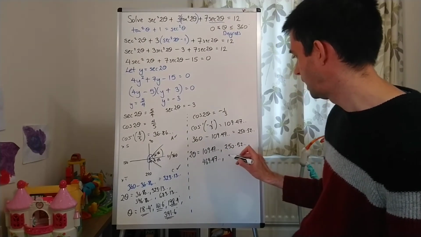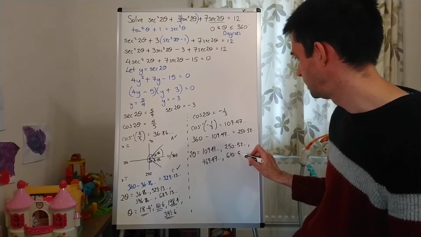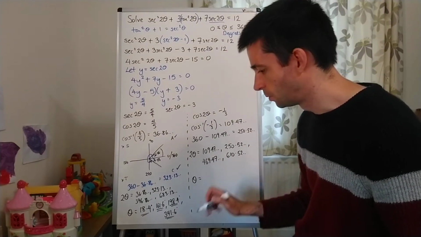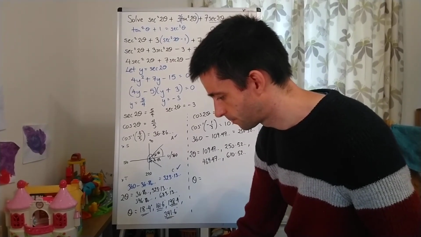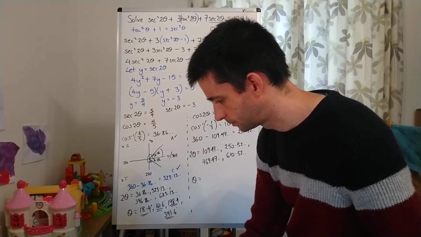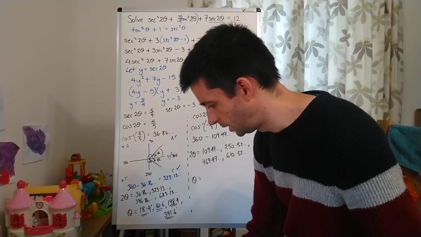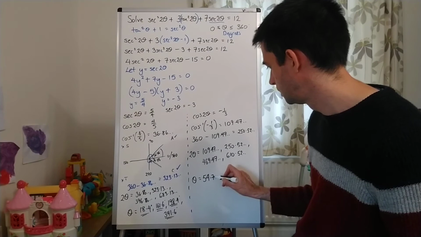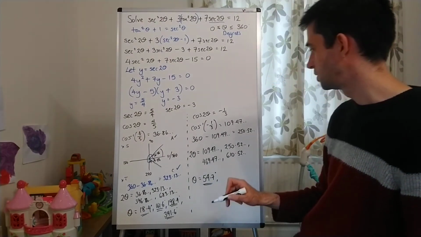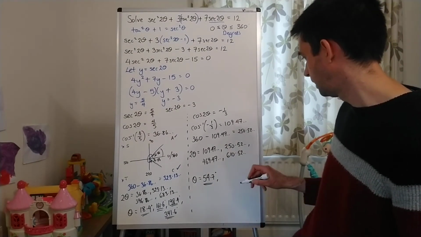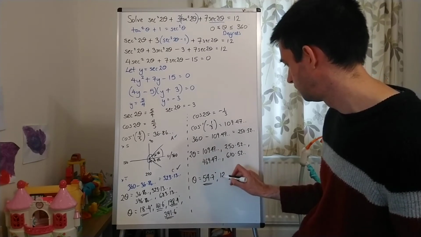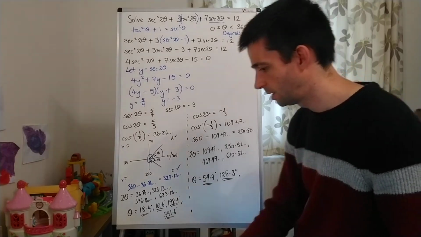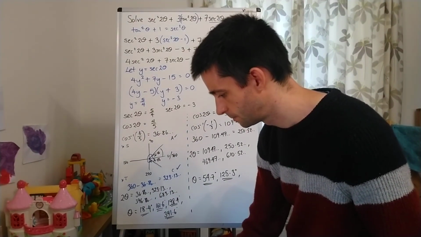469.47 and 610.52. And then dividing each one of those by 2, we are going to get 54.7 degrees, that's to 1 decimal place, 125.3, that's to 1 decimal place as well.